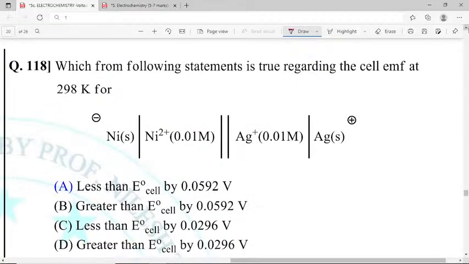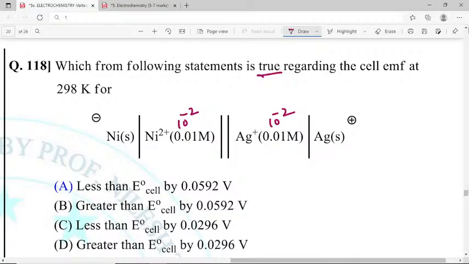Which of the following statements is true regarding the cell? Concentration: this is 10 to power minus 2 and this is 10 to power minus 2. Okay, so the next equation is to be solved. Next equation, very important.